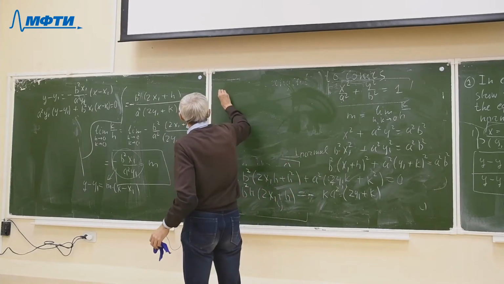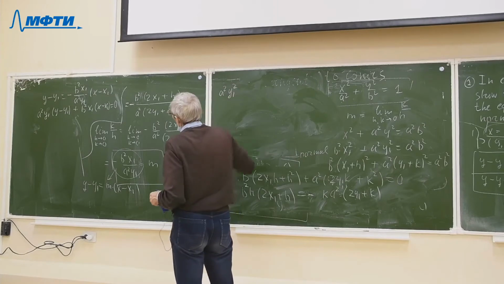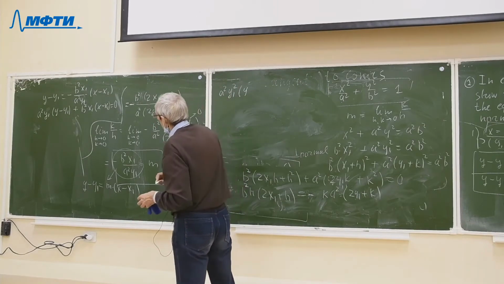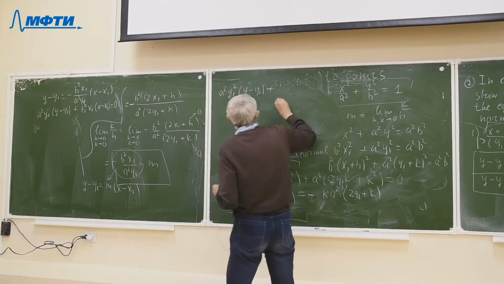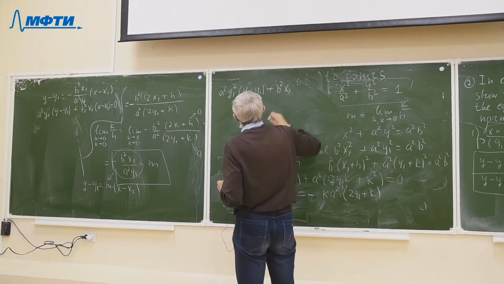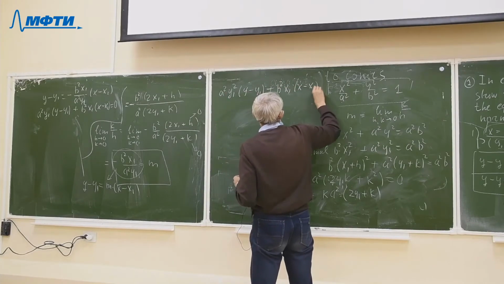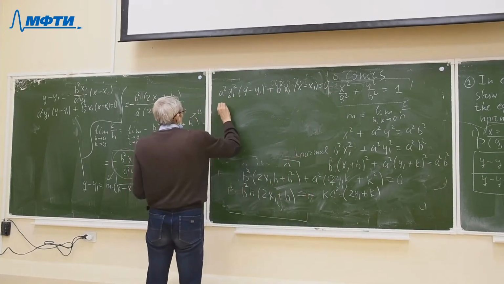And we obtain the following equality for the tangent. a squared y1 times y minus y1 plus b squared x1 times x minus x1 is equal 0.